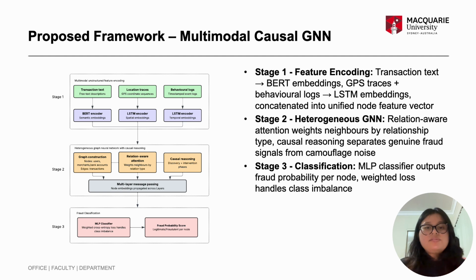And the graph itself is modeled as heterogeneous with relation-aware attention, meaning a cardholder to merchant purchase edge is treated differently from a cardholder to bank transfer, allowing the model to learn distinct patterns per relationship type rather than treating all connections equally. Finally, the causal reasoning component addresses something I found particularly compelling, which is the camouflage problem.